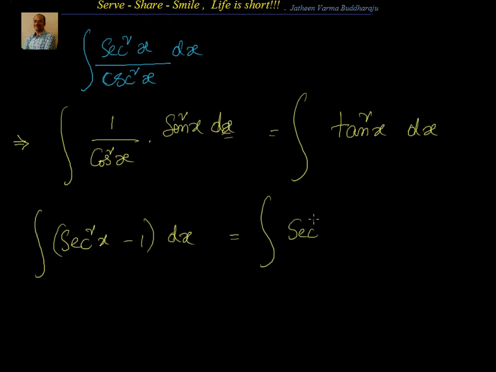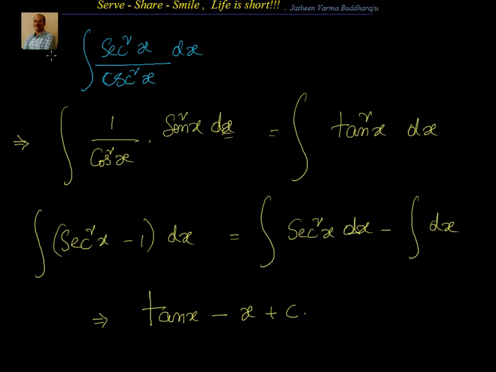So this becomes integral of secant square x dx minus integral of dx. Now we know that integral of secant square x is tan x, minus integral of 1 is x, we have seen in the last session, plus c. So it becomes tan x minus x plus c.